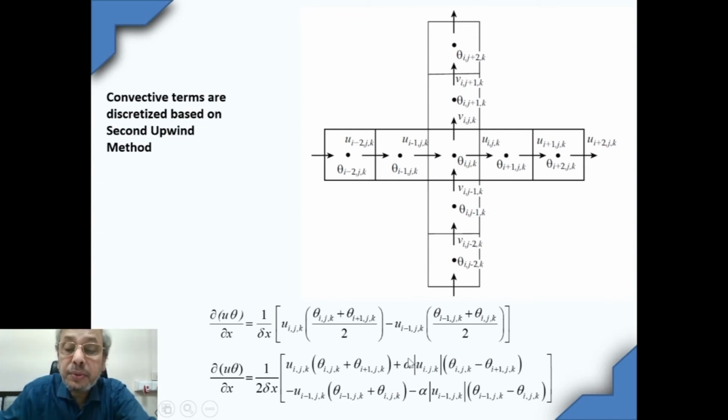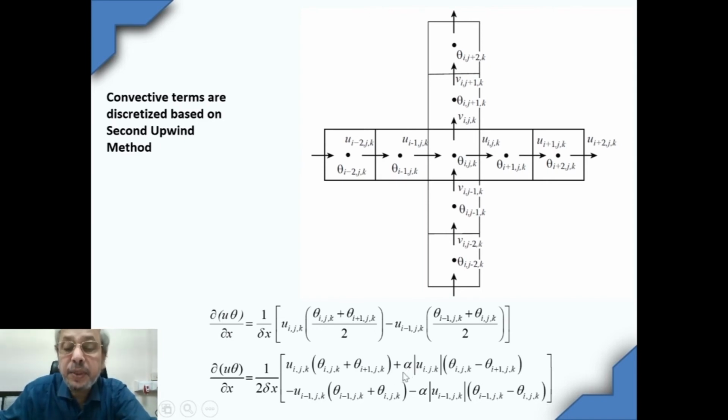These are the upwind contributions, and the upwind contribution is identified together with alpha. Alpha is the upwind factor, and if we recall what we did for the momentum equations, the recommendation was that alpha may be varied between 0.2 and 0.3. It may be even less.